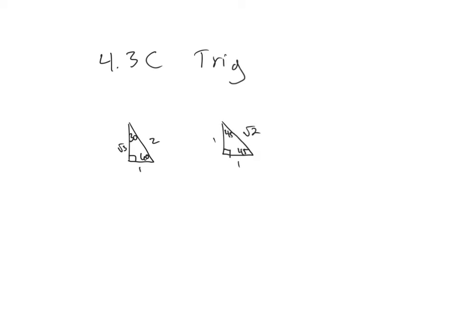Let's say we are given an angle, right? So let's say we are given the secant of theta equals 2, and we need to find what the degree is. Well, let's think about this, okay?